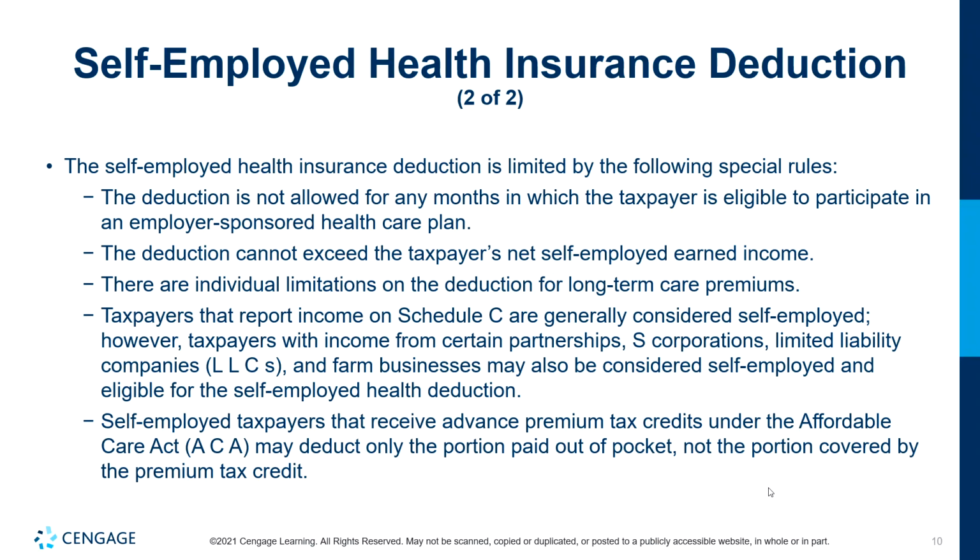And then self-employed taxpayers that received advanced premium tax credits under our good old Affordable Care Act, or Obamacare if you want to look at that, may deduct only the portion paid out of pocket, not the portion covered by the premium tax credit. We're actually seeing less and less now the premium tax credit as more people go to private or not buy insurance.